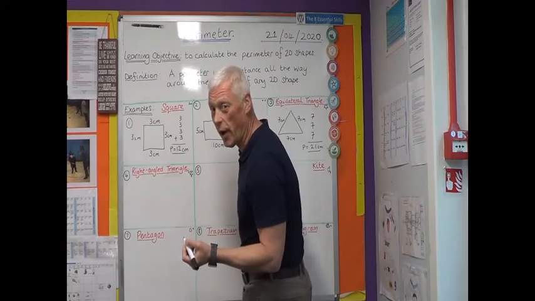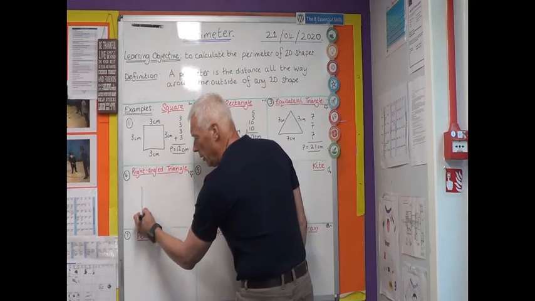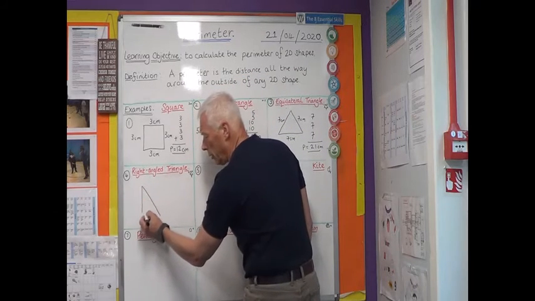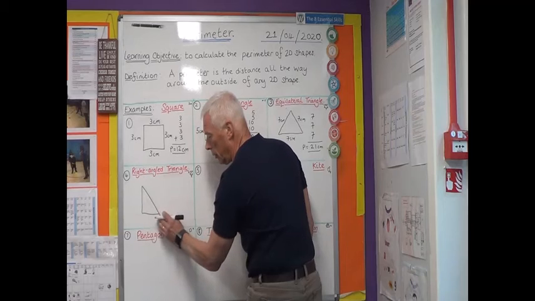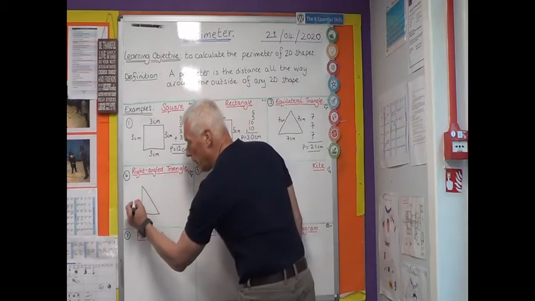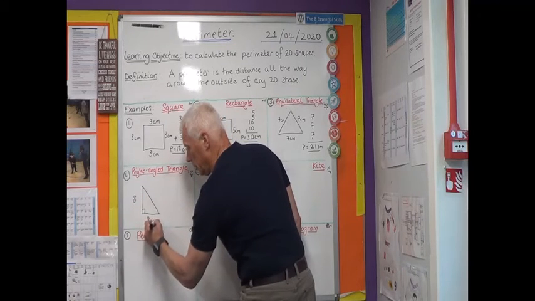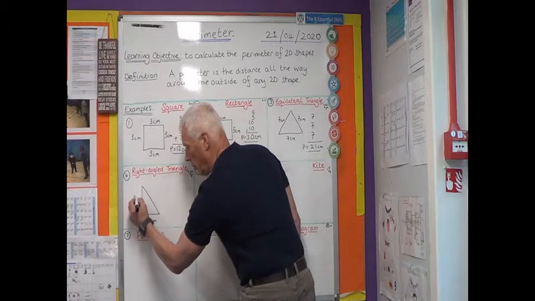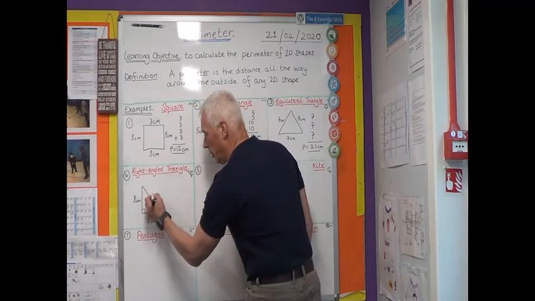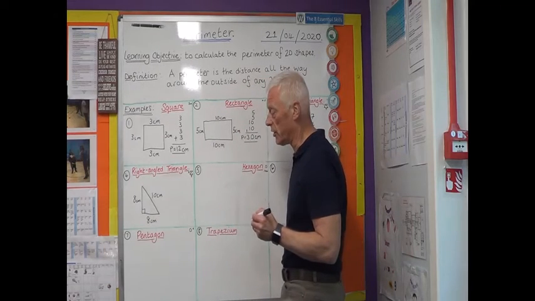A right angle triangle. Think what a right angle triangle looks like? The right angle's there, therefore this side, we'll call that 8 centimetres, and this one 10 centimetres.